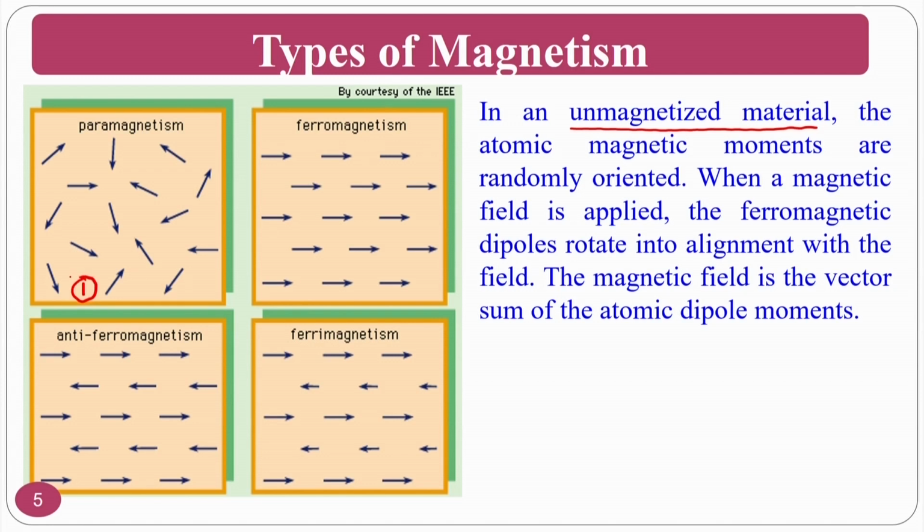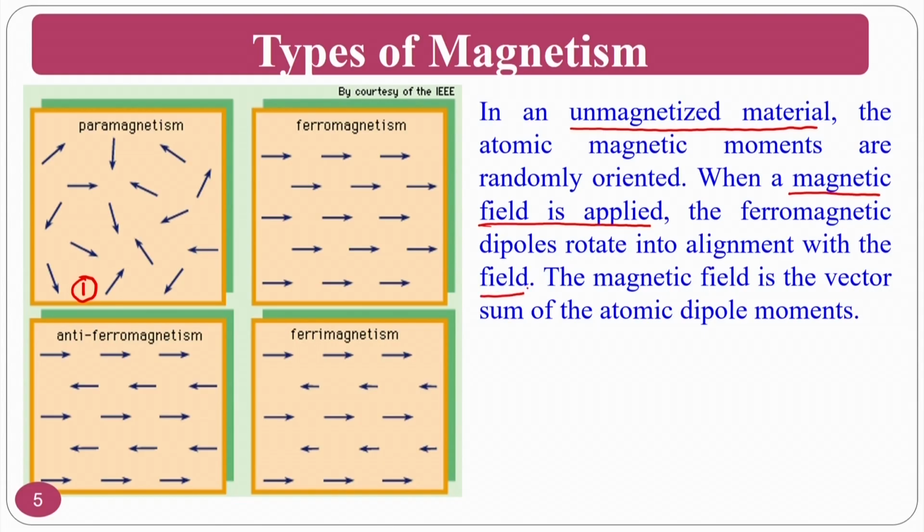When the magnetic field is applied, what will happen? These all will align in one direction. That is called the dipoles rotating to align along with the field.